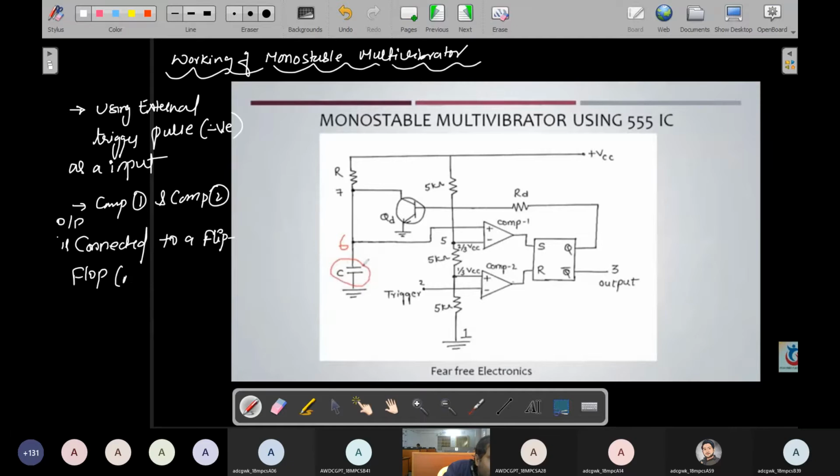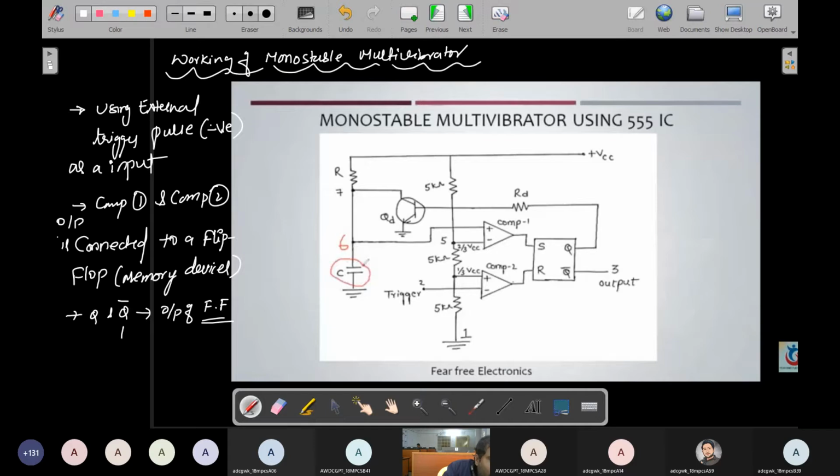The flip-flop is nothing but a memory device. Q and Q bar are the outputs of the flip-flop.